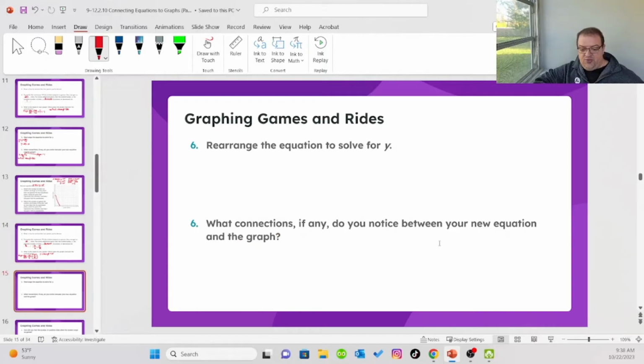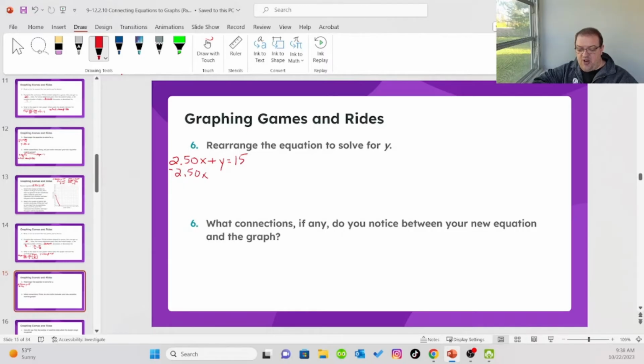Now they want us to rearrange the equation to solve for y. Solving for y means we want an equation that says y equals. So we had 2.50x plus y equals 15. So we are going to subtract 2.50x from the left side so that it goes to 0.